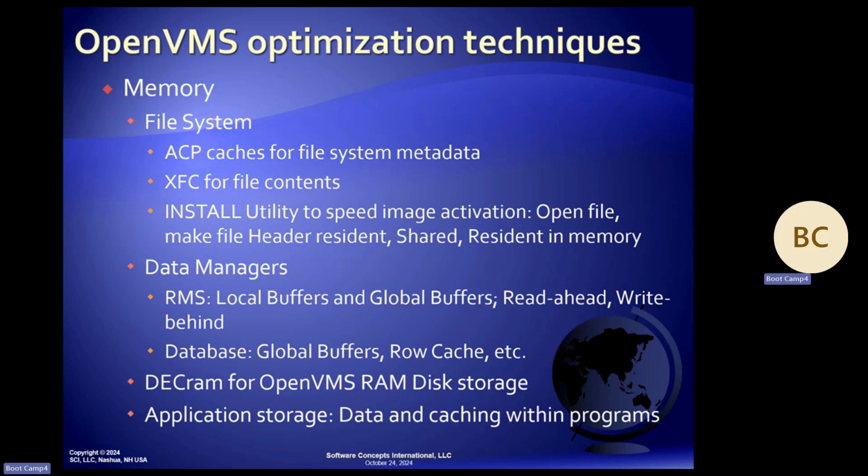You can say, make the file header resident: read the file header for that image into memory and keep it there so you don't have to reread it every time the image is activated. You can make the header shared among multiple processes, and you can even tell it to make the whole image resident in memory so you don't have to read the image in when you do the image activation.